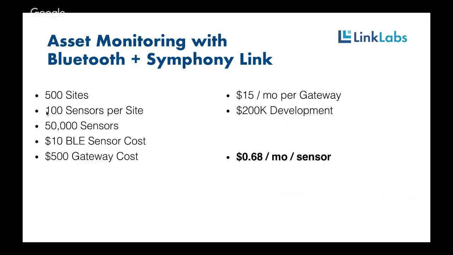If those sensors are coming back to gateways, call it $500 in cost, and you're paying on average $15 a month per gateway for cellular connectivity and platform management, and you spent $200,000 in developing the system, your cost per sensor is 68 cents per month, amortized over that time. So that's way less than $2.50 or whatever it was for one of these other systems.